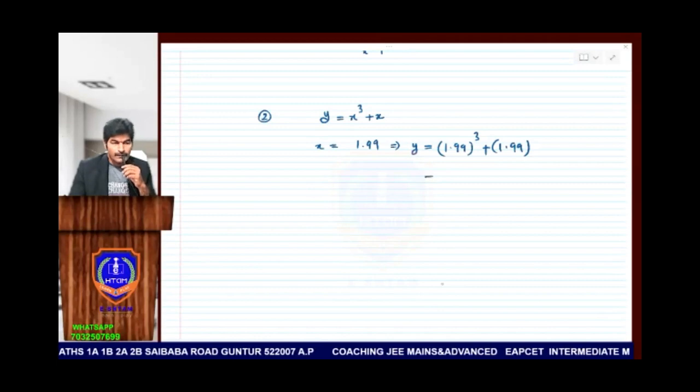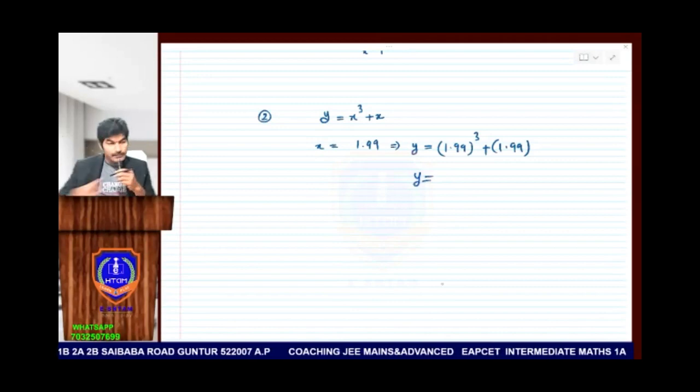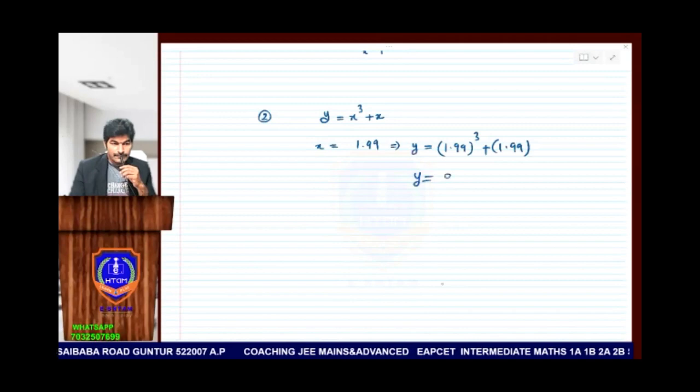From this value we have to calculate 1.99 cube. How much is it? 9.870.